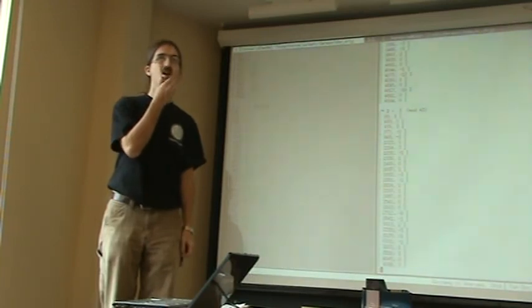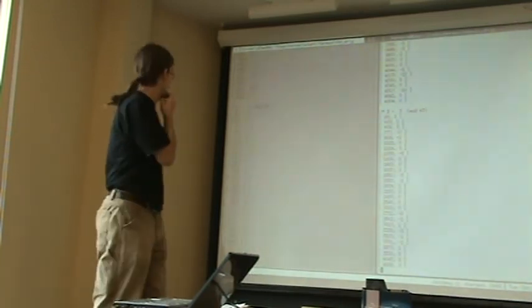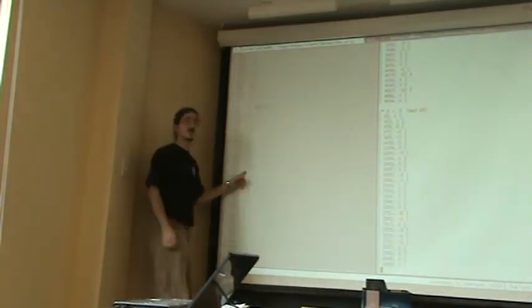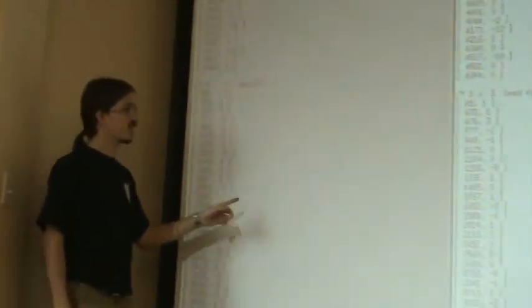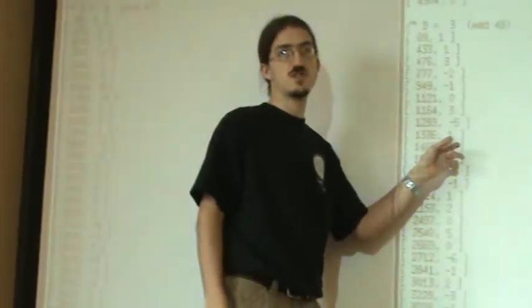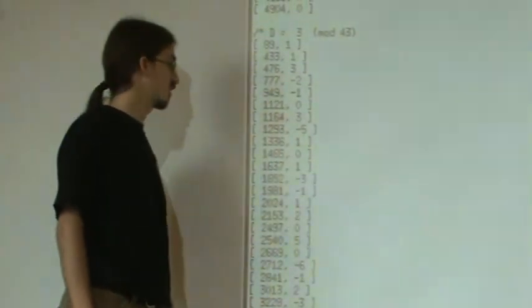On the left-hand side, the numbers in the second column are the indices of the Stark-Heegner points. And on the right, you compute the coefficient. So that's a ratio of the sizes of each other.